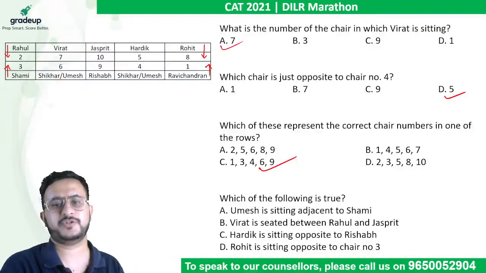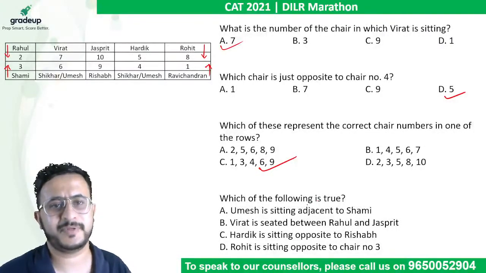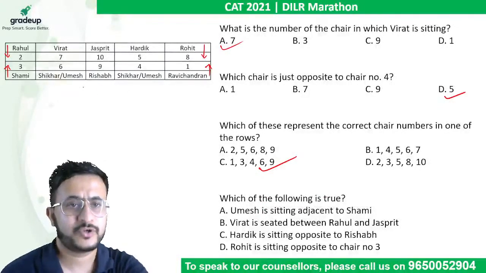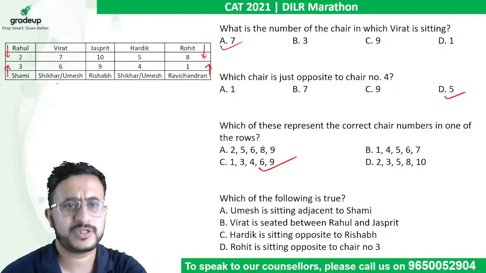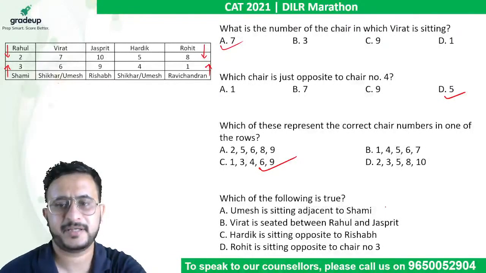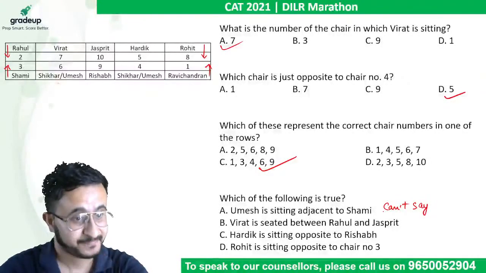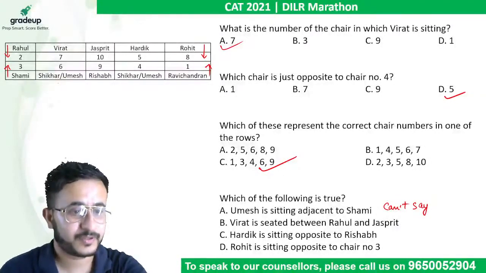Okay, which of the following is true? Umesh is sitting adjacent to Shami, right? So now see, when it says it is true, right? So Umesh is sitting next to Shami, right? It can be true, it can be false. We can't say. Okay, so never mark that option. Okay, right?